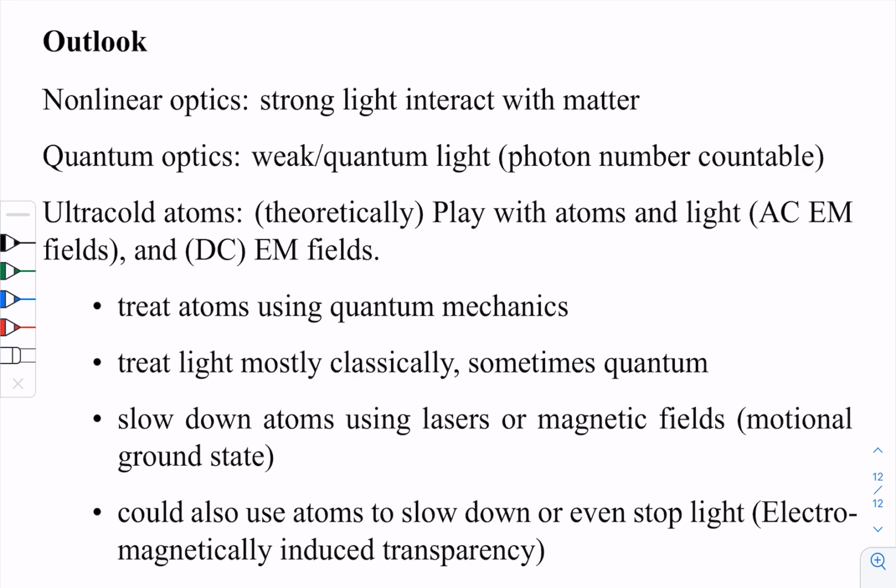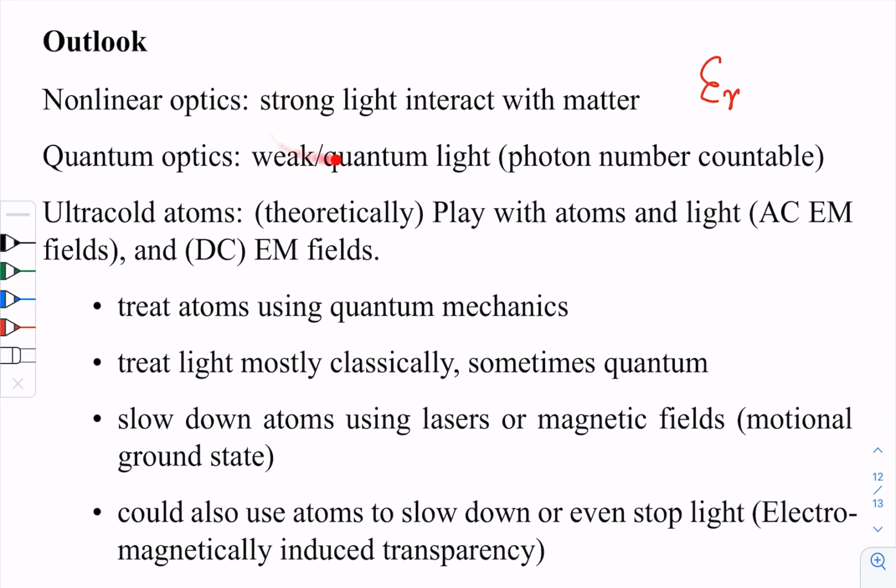But remember that they cannot be too strong, because if you have too strong light interacting with matter, then remember that we always assume a linear medium, and if the light strength is too strong, the susceptibility is no longer a constant, and it depends on the electric field.